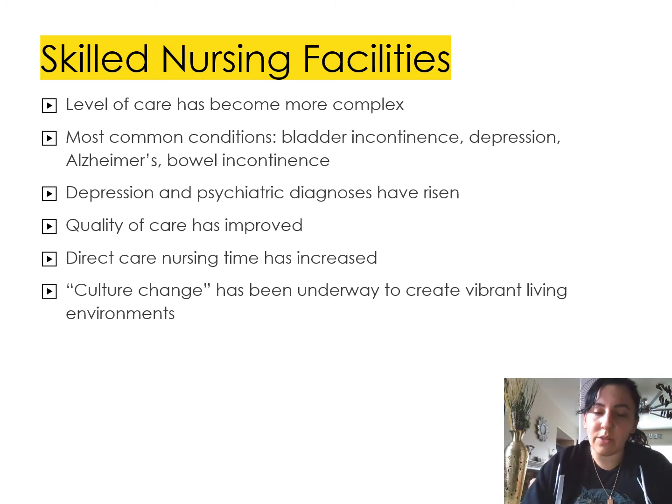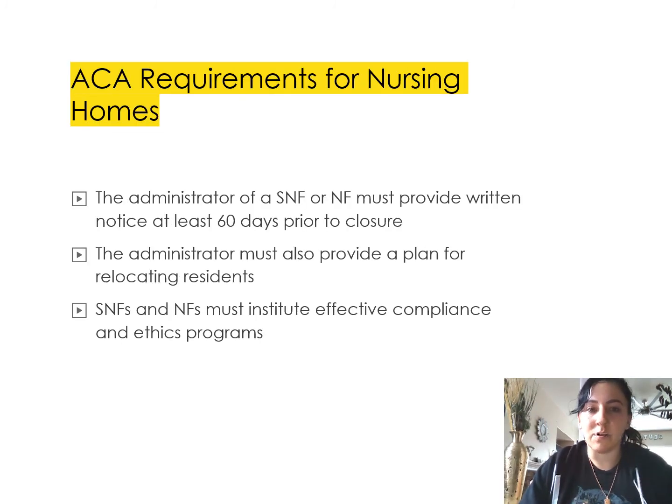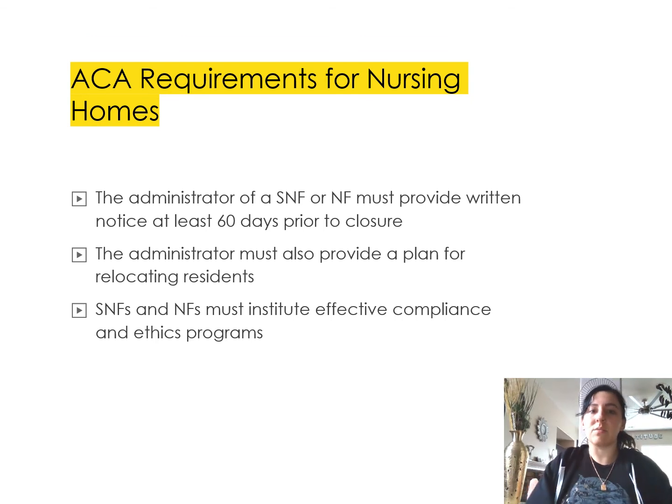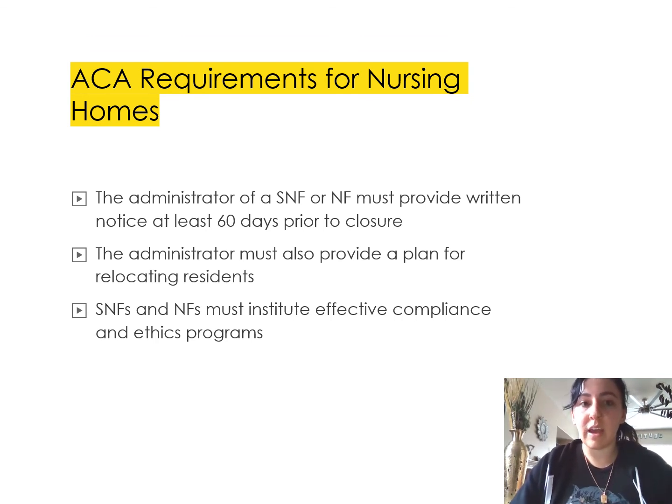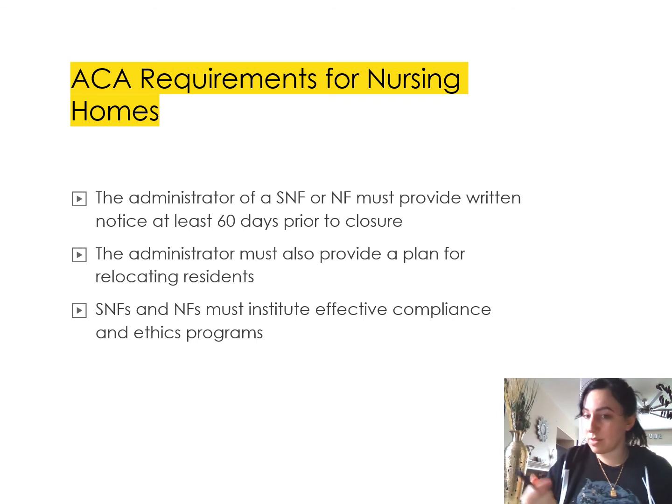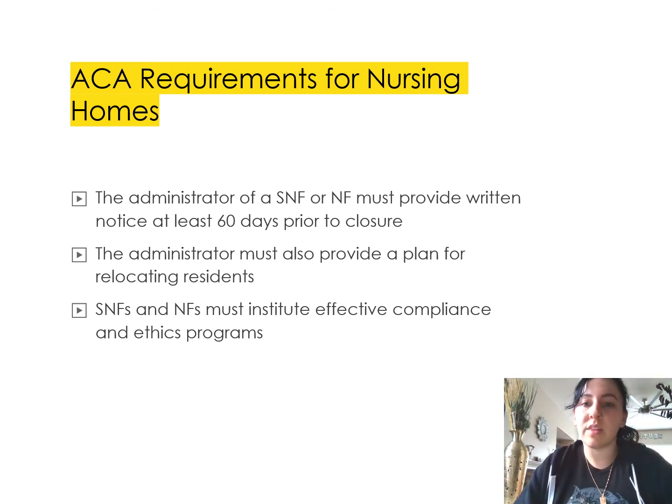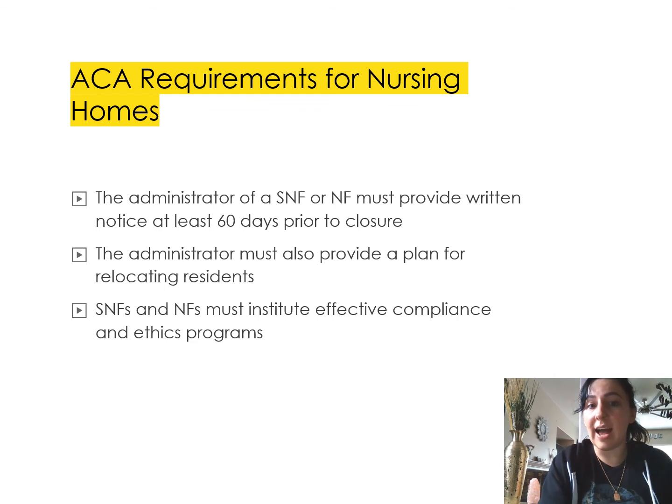So, we kind of already went through a little bit of this, but you guys can go through that one on your own. Okay, so some Affordable Care Act requirements, some new requirements that came out for nursing homes. The ACA does require that if you are a nursing home who is going to go out of business, then you have to provide a 60 days notice of your closure.